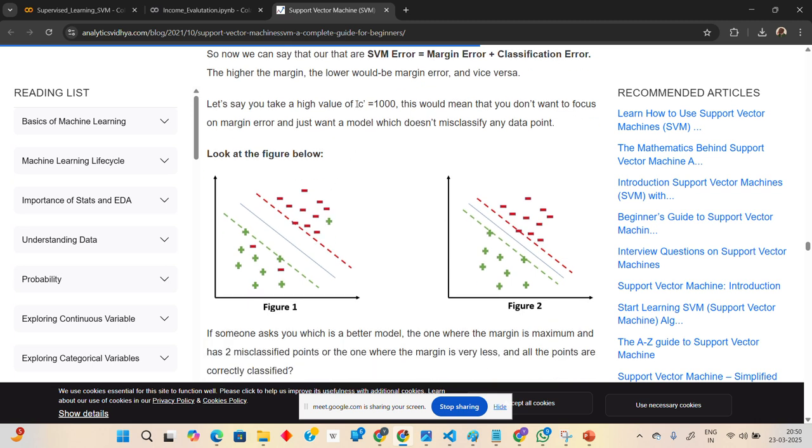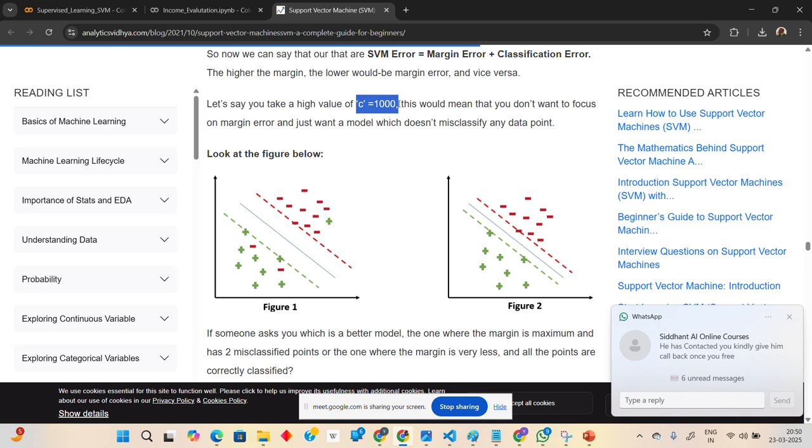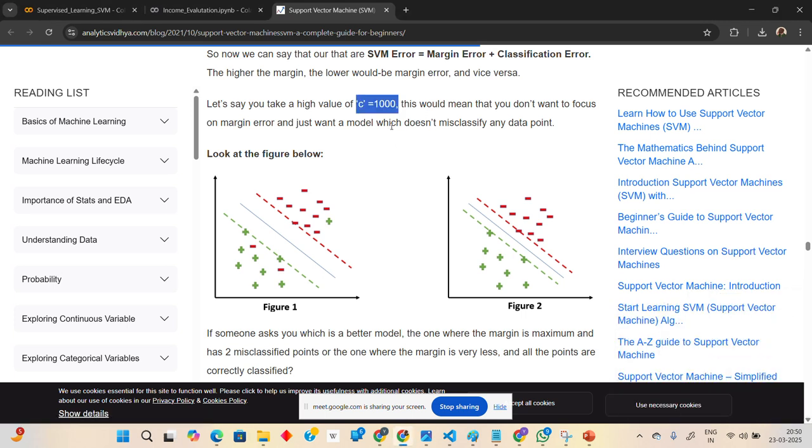If we iterate with different C values, you can observe two different figures. It is a hyperparameter, so the values will change if we keep changing the C values.